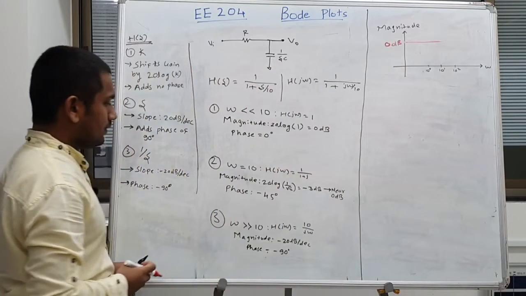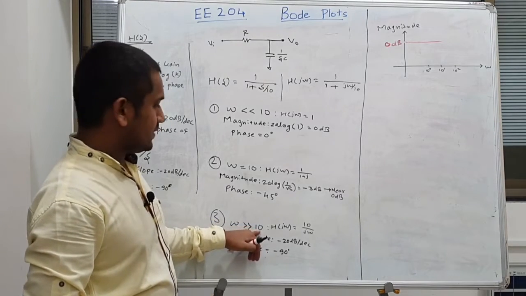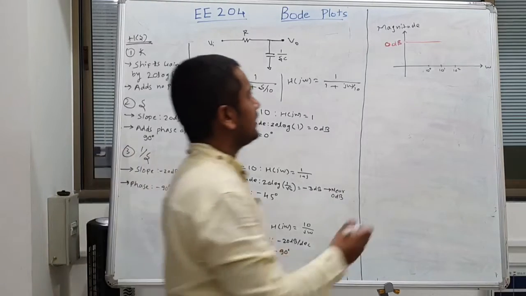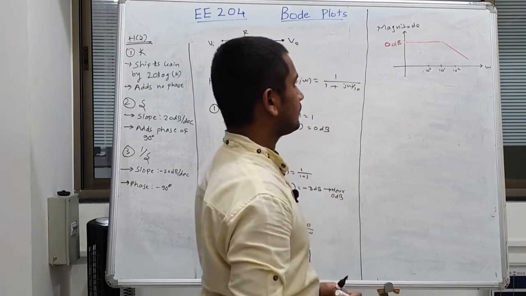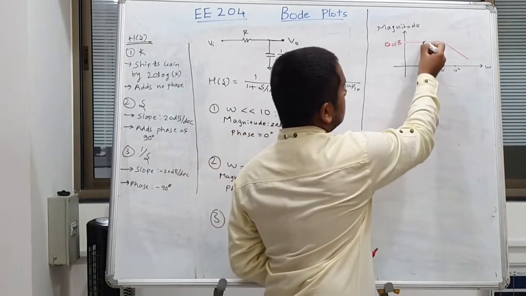Now, once we cross the pole frequency, it degrades by a slope of minus 20 dB per decade. In the actual plot, it looks something like this.